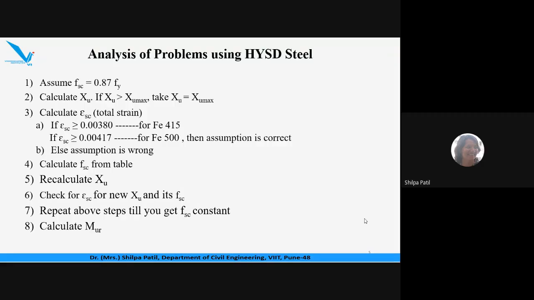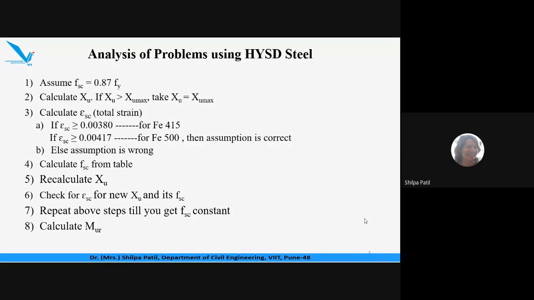In the previous lecture we already discussed why we cannot calculate FSC directly. The formula, that is 700 into bracket 1 minus DC upon XU, is not applicable for HYSD steel. This is because the stress strain curve for the steel is not completely linear. That's why we calculate the total strain first. In the previous lecture we prepared two tables, if you remember.